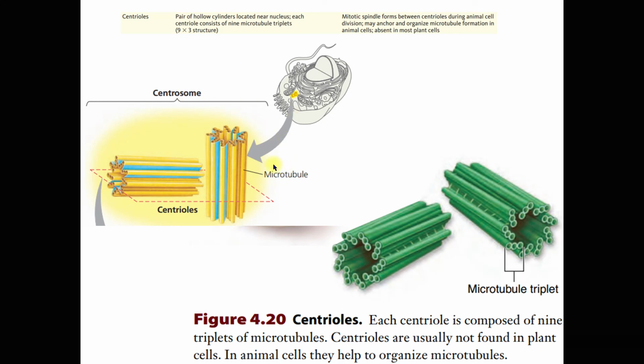This centriole will form the spindle fiber between one end of the cell and the other. So the mitotic spindle fiber forms between centrioles during animal cell division. This centriole may also anchor and organize microtubule formation in animal cells.